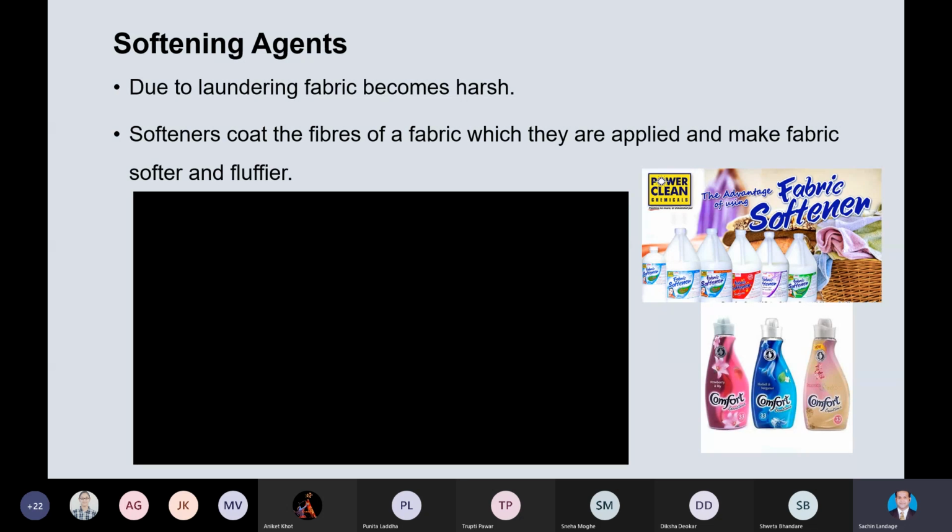The automatic or semi-automatic washing machines have a provision of a separate tray for the softener. If you put the softener there, during the rinsing time the softener will get mixed with the fabric and will be applied.